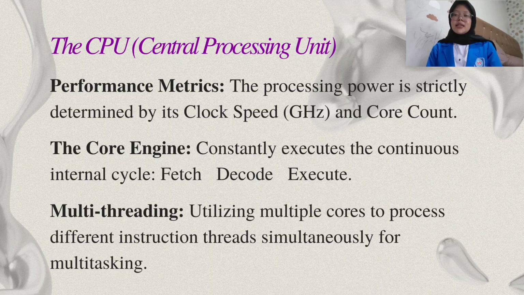It fetches an instruction from the memory, decodes what it means, and executes it. Modern processors use multiple cores to handle different threads of instructions that execute at the same time. But where does the CPU get this instruction so quickly? Let's find out on slide 7.